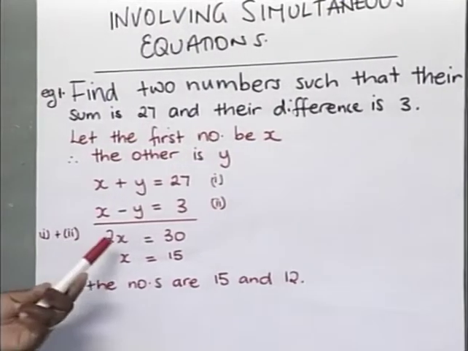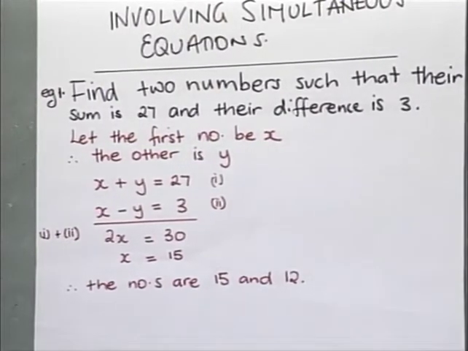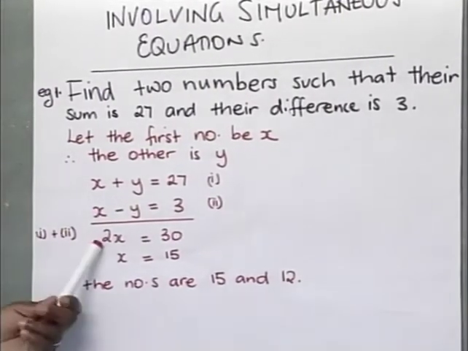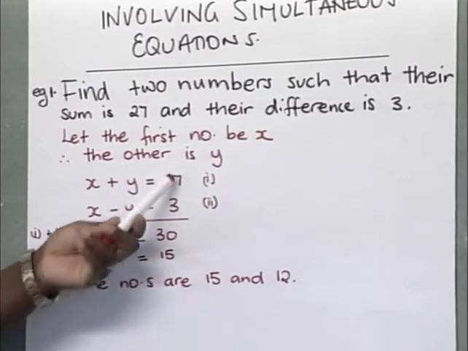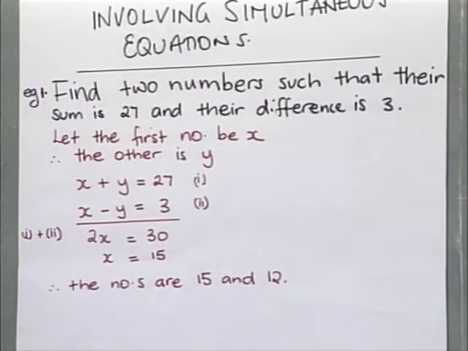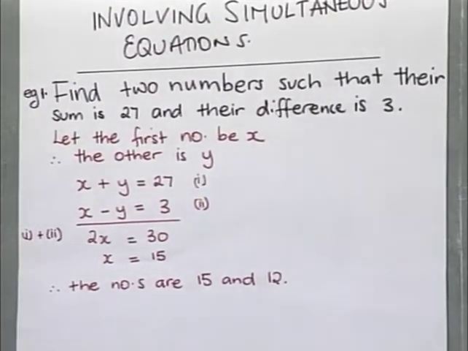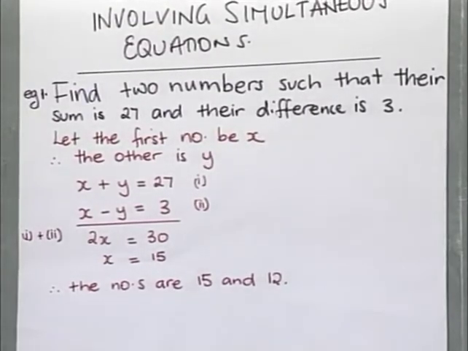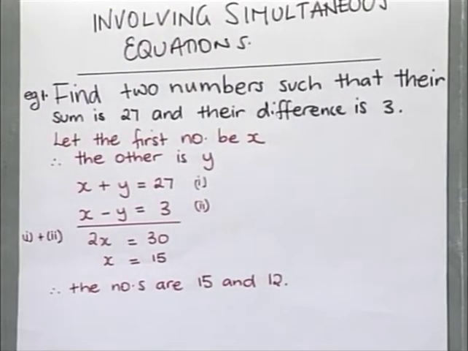So when I did, I got 2x, x plus x is 2x, y minus y is 0. 27 plus 3 is 30, I got x is 15. And if x is 15, if the sum is 27, then the other number is 12. So the numbers are 15 and 12.